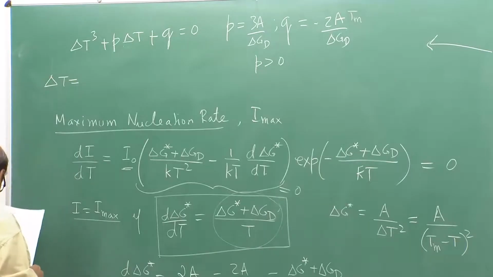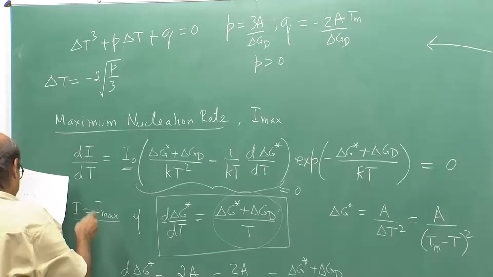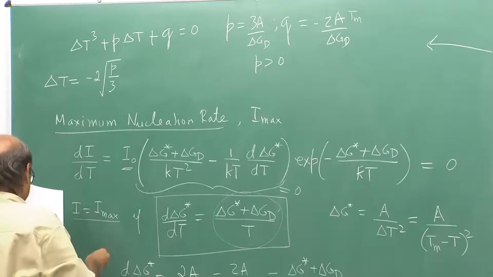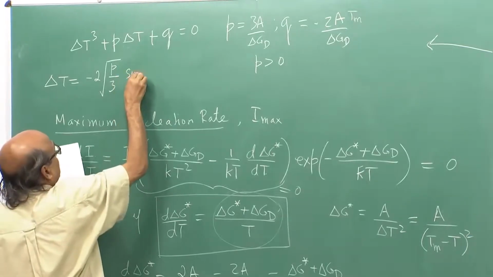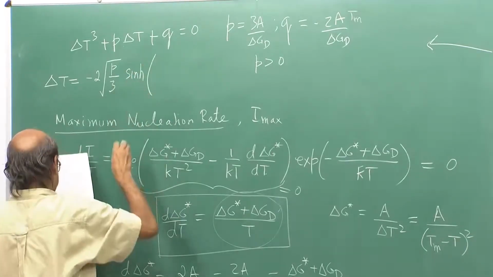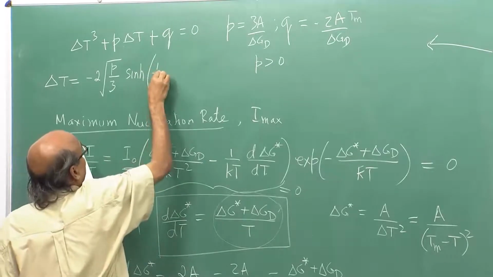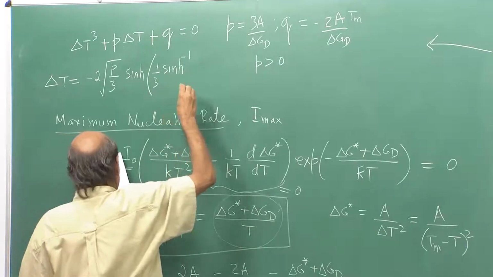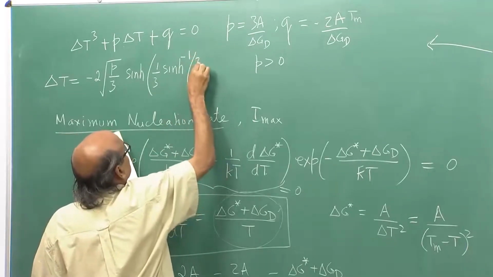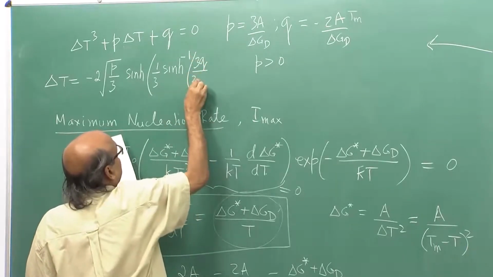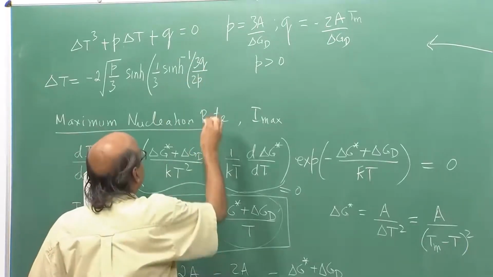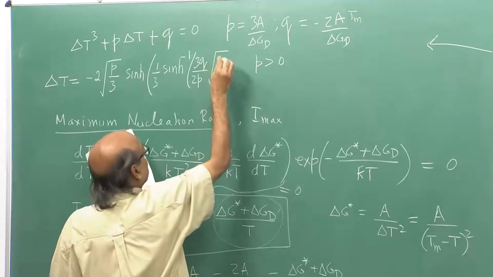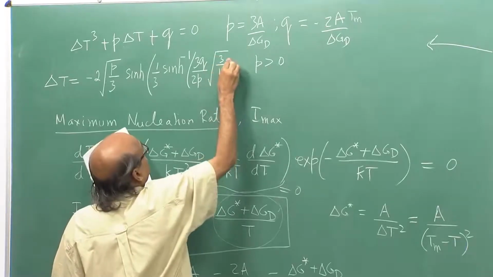So, the solution for this particular cubic is given as delta T equals minus 2 square root P by 3 sine hyperbolic 1 upon 3 inverse sine hyperbolic 3q upon 2p square root of 3 upon p.